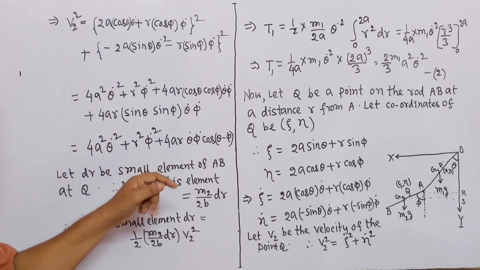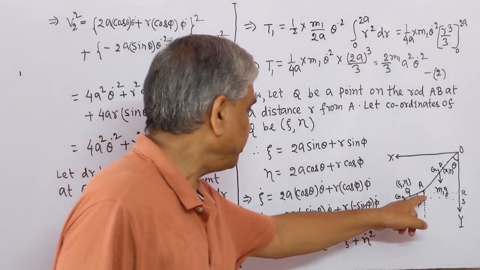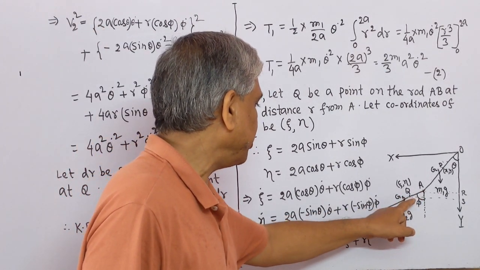Let dr be the small element of rod AB at the point Q.